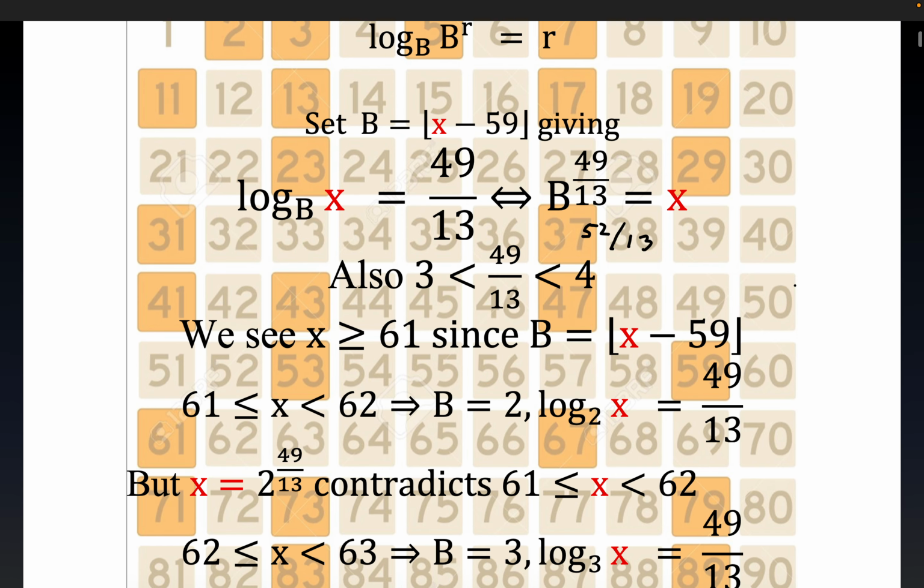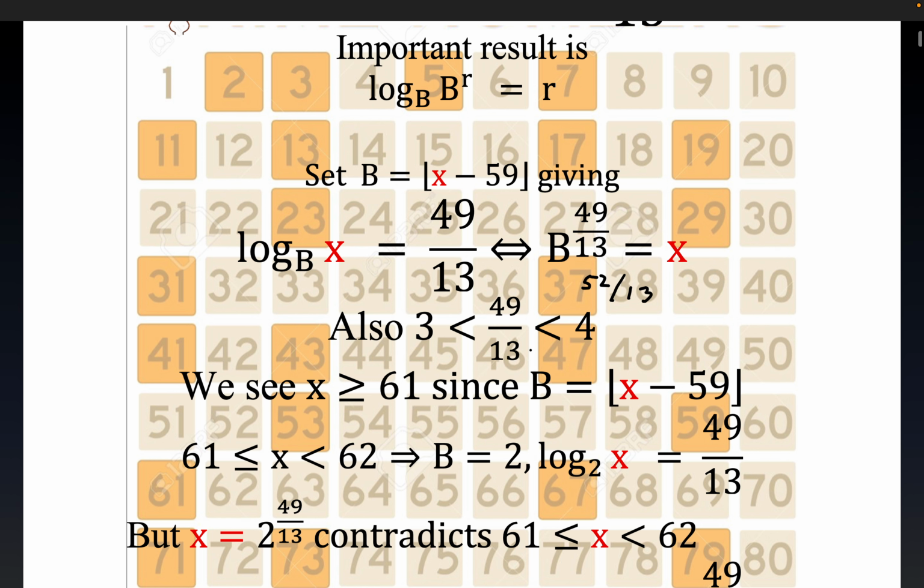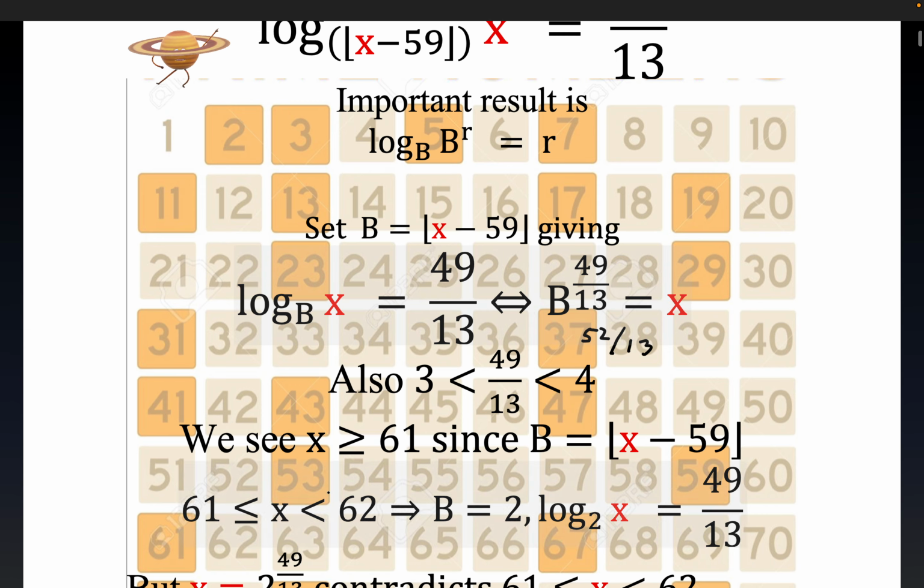Now, let's move along. All of this follows from what I was just talking about. If x is greater than or equal to 61, in particular if it's in this interval, which defines a floor function on that interval, you're just going to get b equal to 2 when you substitute any number in this interval into the floor of x minus 59.